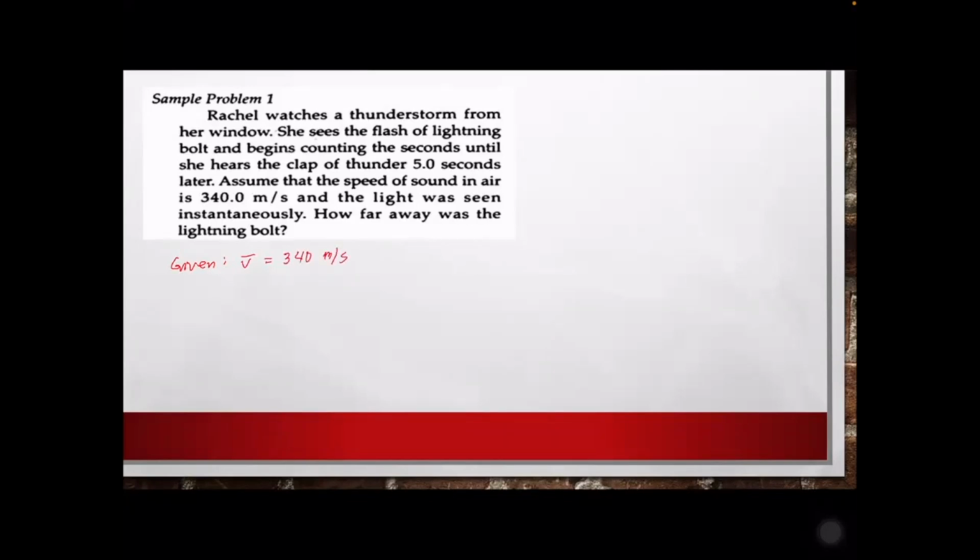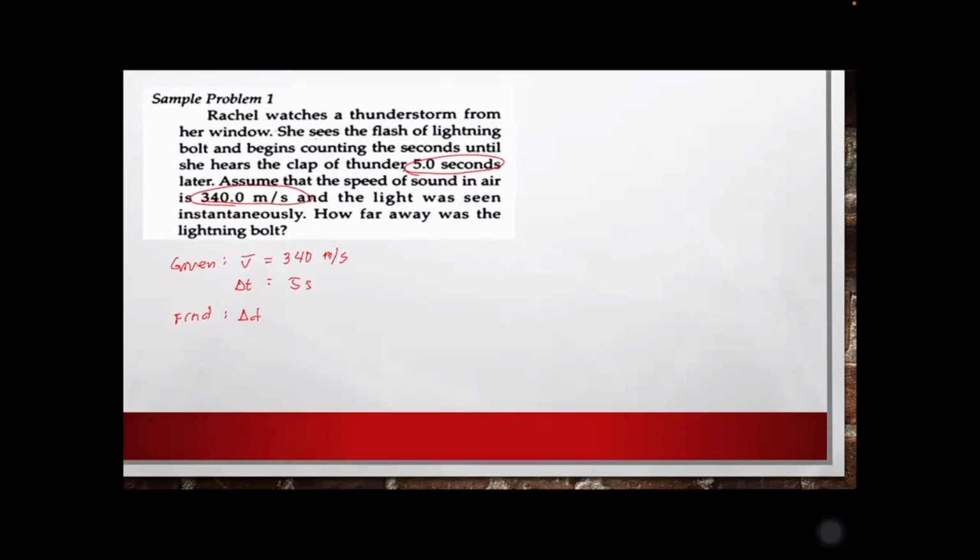The velocity is always in meters per second. Then the change in time is equal to 5 seconds. You have to remember, velocity is in meters per second, time is in seconds, and distance is in meters. What we are looking for here is delta d, or d itself.